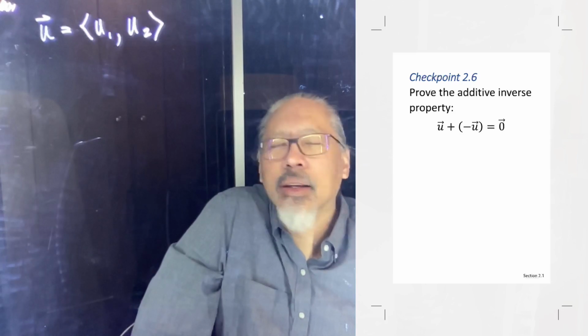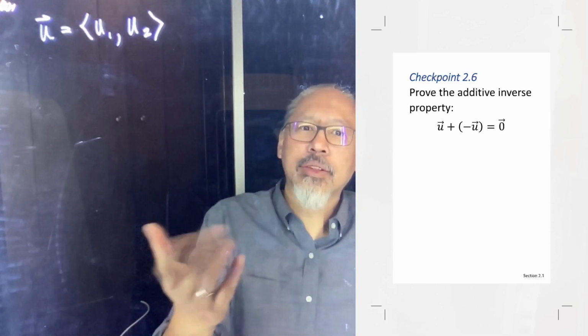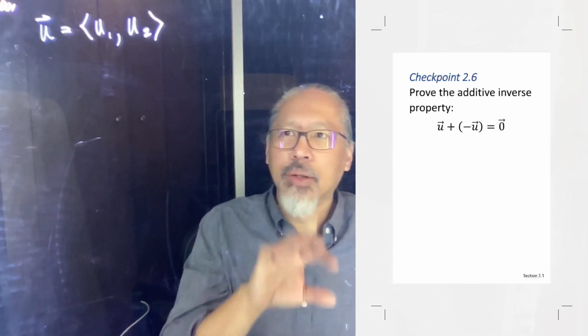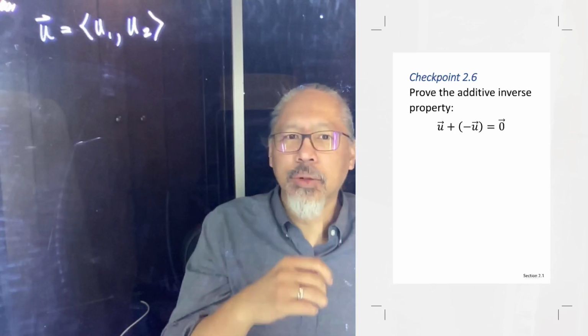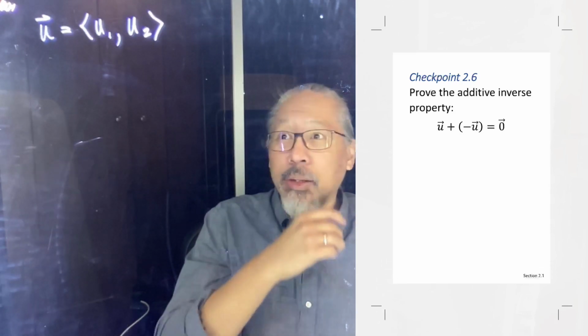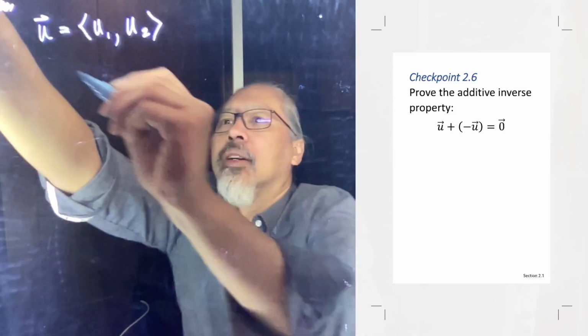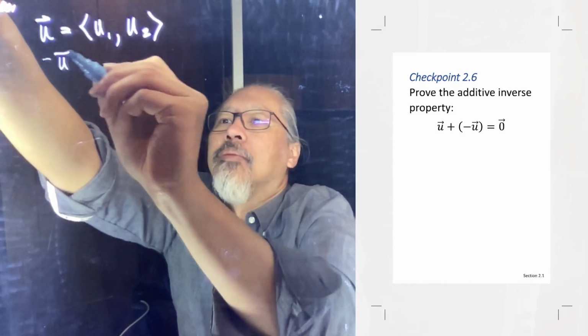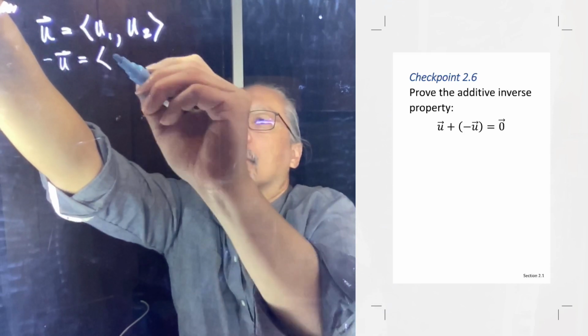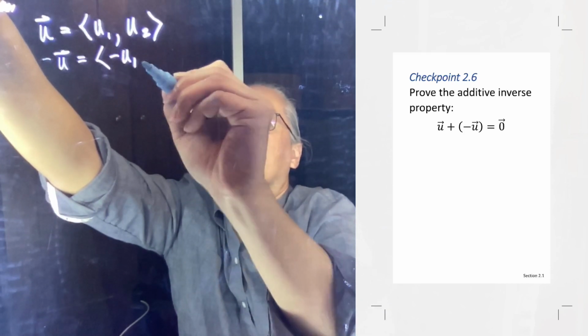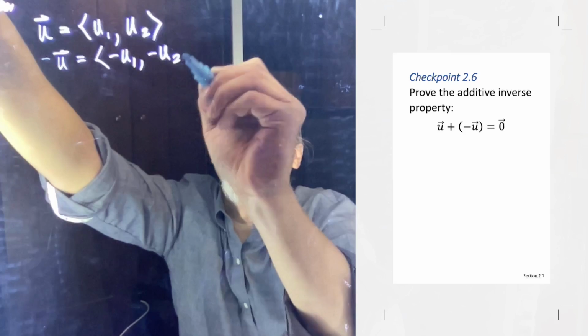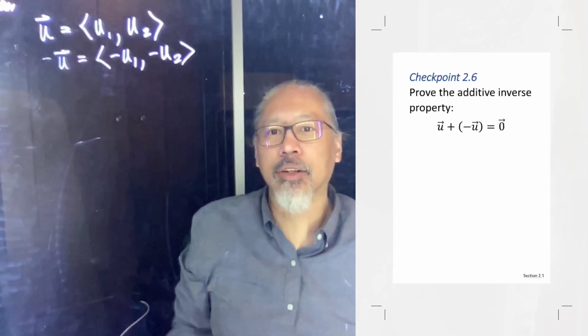So we're going to do this for generic numbers u1 and u2, and we only need one vector because the other one is going to be negative u, which is going to be negative u1 comma negative u2, the opposite of those scalar numbers.